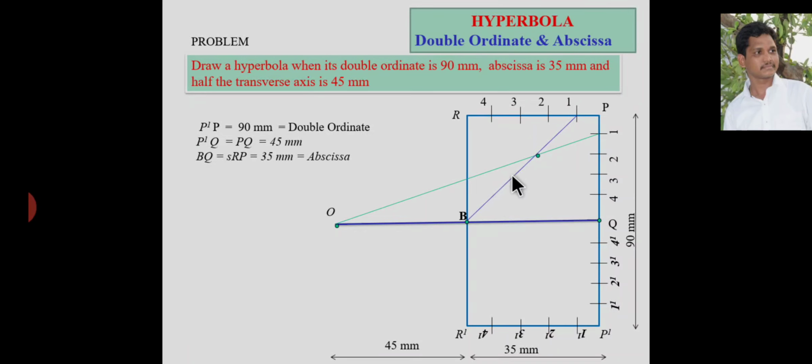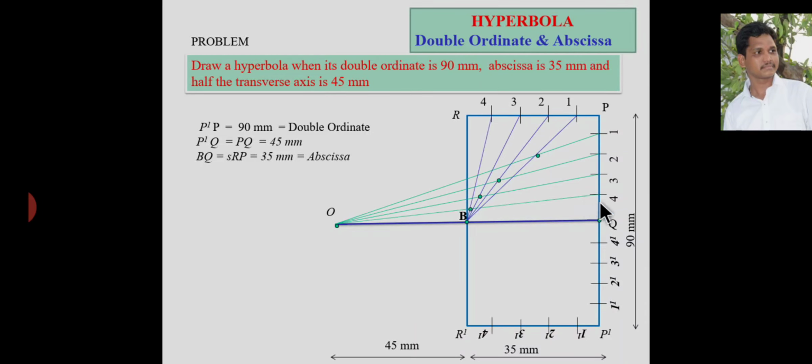Now similarly join point 2 to B, 2 to O. Similarly join 3 to O and 3 to B like this.